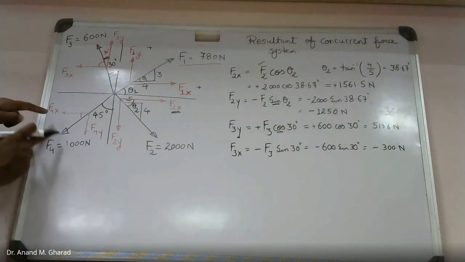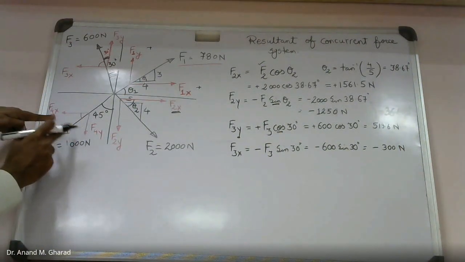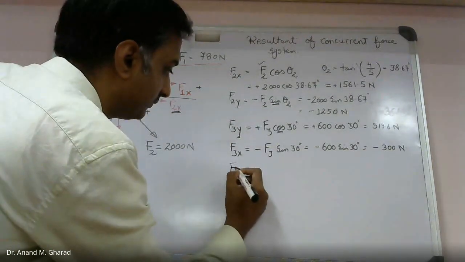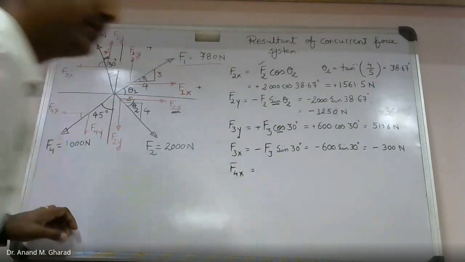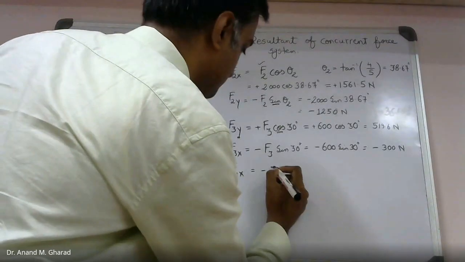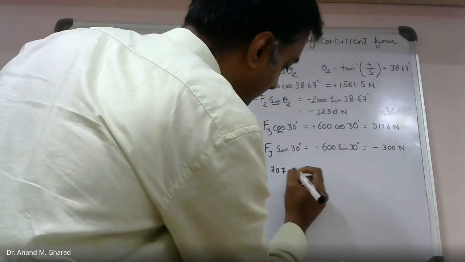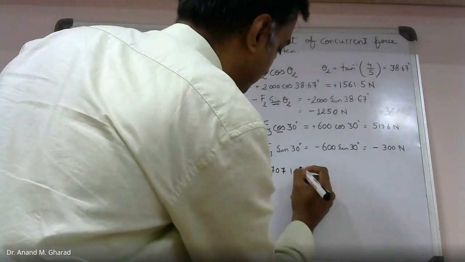Can you quickly find the values for F4x and F4y? It comes out to be minus 707.10 Newton.